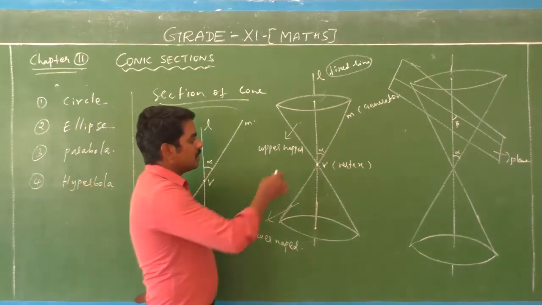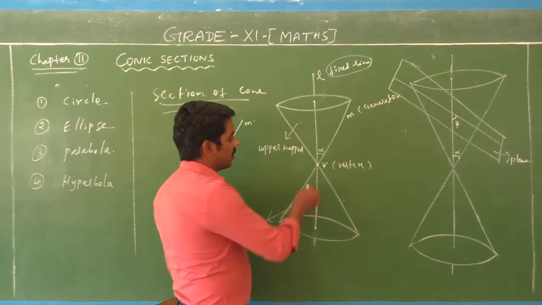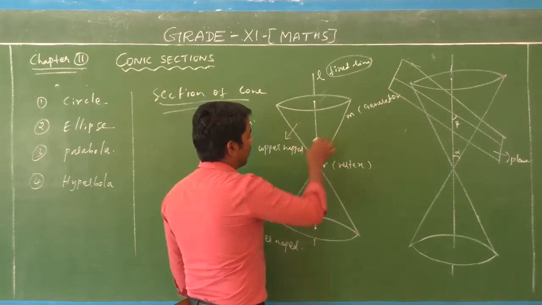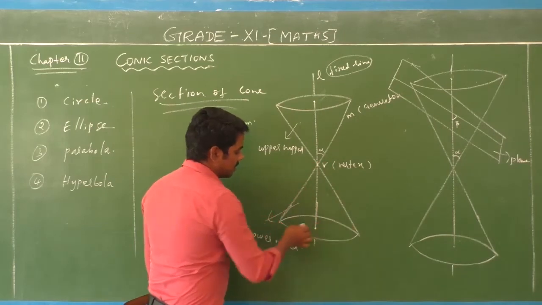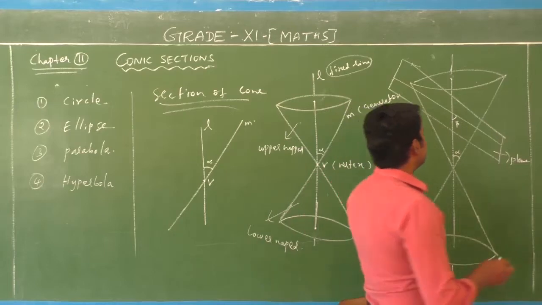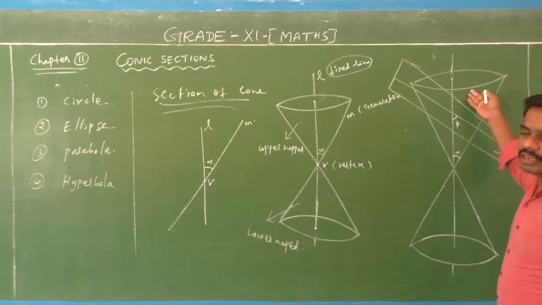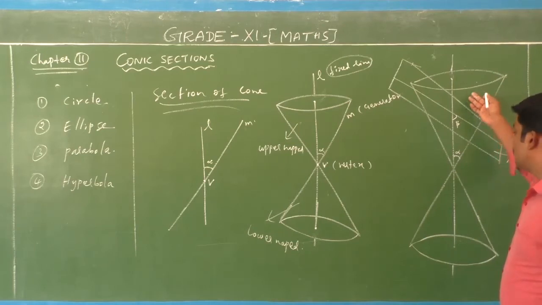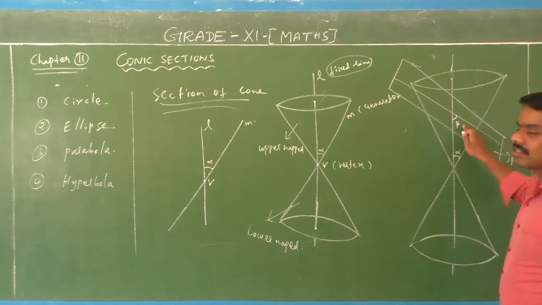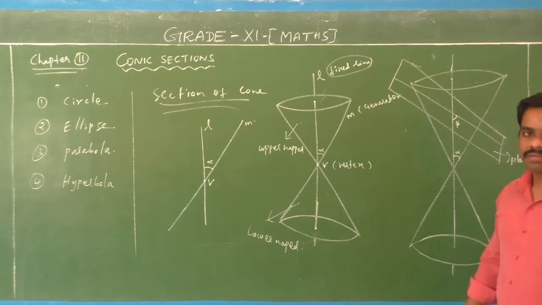Above the vertex is called the upper nappe, and below the vertex is called the lower nappe. Let us consider a plane intersecting with a cone. Alpha is the angle between the vertical line and cone. Here beta is the angle made by this line L and the plane. Okay, right.